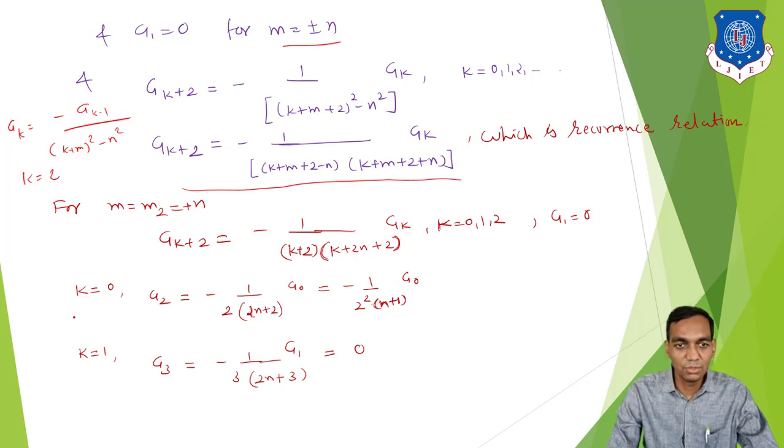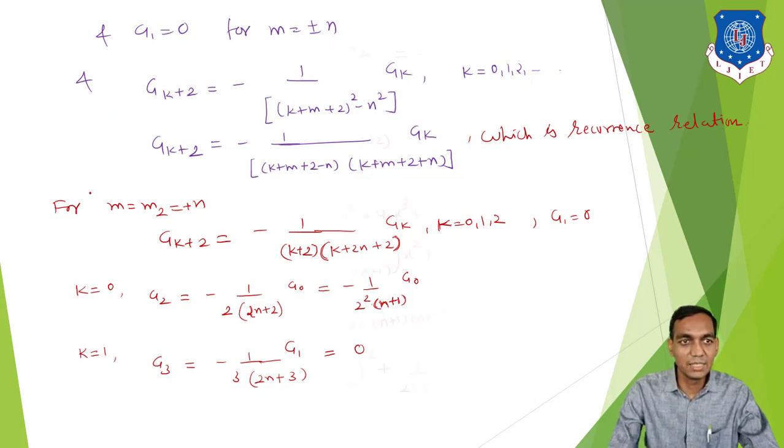First put k equal to 0, that gives a2 equal to minus 1 upon (0 plus 2) that is 2, and (0 plus 2n plus 2), that is 2n plus 2. Common out 2, and that gives minus 1 upon 2 square into (n plus 1), a0. Then if you put k equal to 1, a1 is 0, and that's why a3 has the value 0.